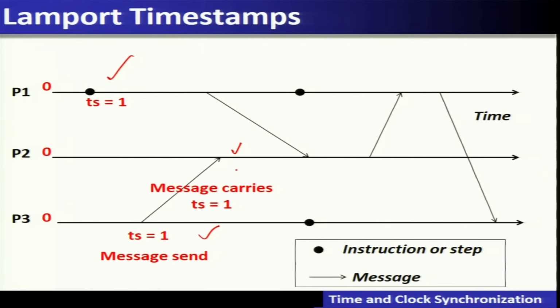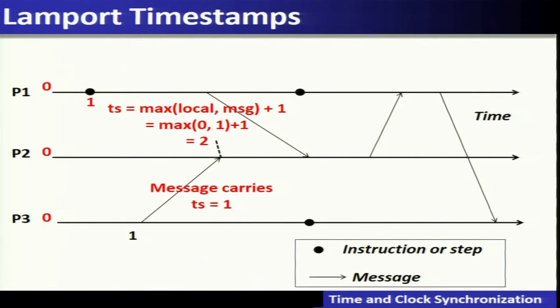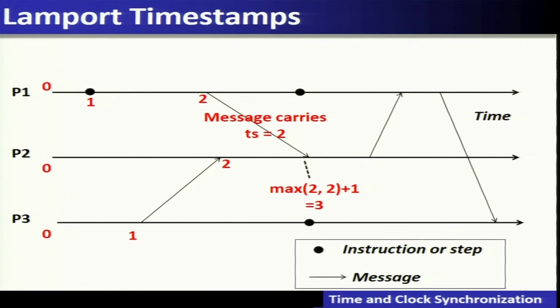Using that rule, the maximum of 0 and 1, where 1 comes from the message and 0 is the local clock time, is 1, so the value will be 2. So you can see that the clock value jumps from 0 to 2 directly. That is what is shown here in this example.